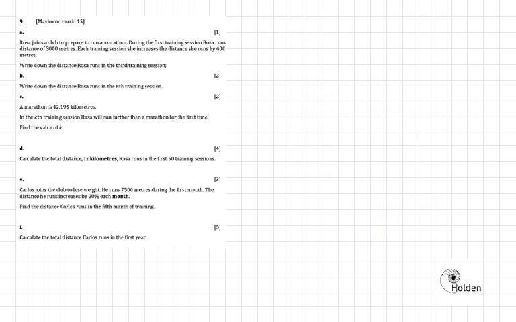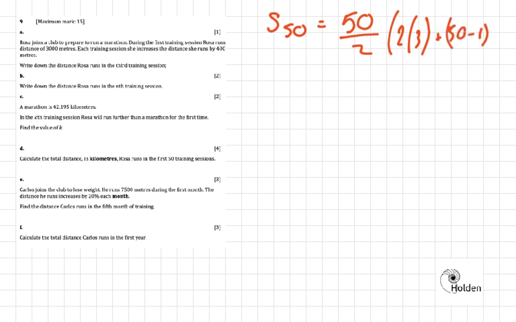Okay, so we're still in an AP. We're looking at S50. And we know that we've got 50 over 2. We're going to have, in the formula, 2 times, let's go for kilometers. So let's just change 3,000 meters into kilometers straight away. Plus 50 minus 1 times by 0.4, isn't it, for this.